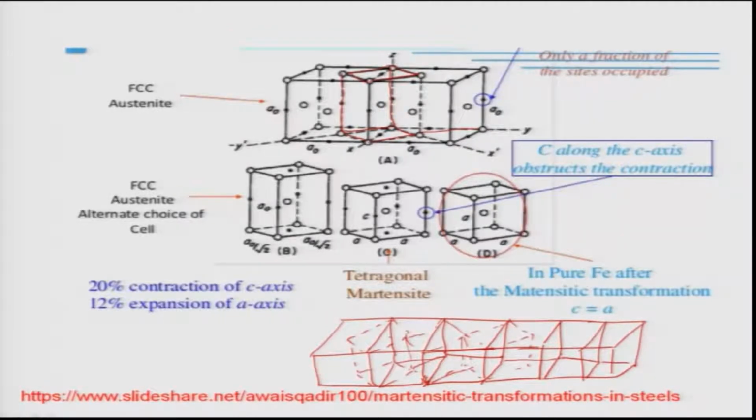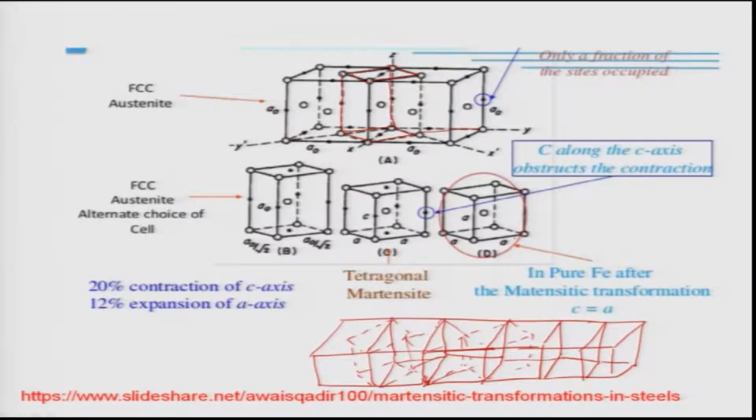But as I told you, the C by A ratio, that is the tetragonality, is very small in the case of martensite. It is not very high. This is also understandable because the carbon atom is very small in size. Therefore the distortion it creates along these 3 axes will not be a very large amount, so the C by A ratio is not distinctly much different from 1. In pure iron, after martensite formation, there is no difference between the lattice parameters.